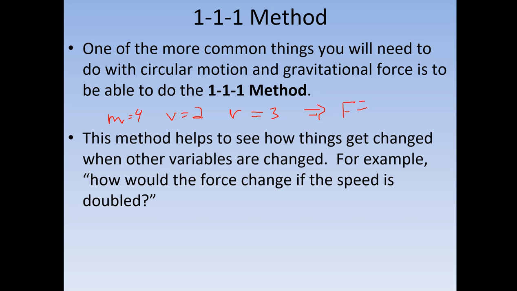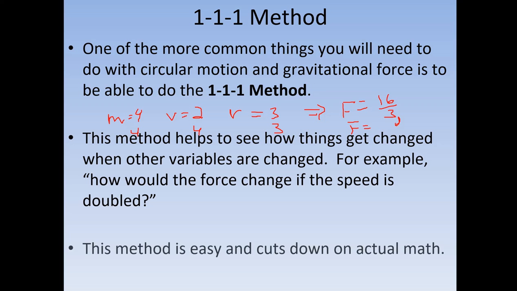I think in this case it would be something like 16 thirds. And then you would redo the calculations, doubling your velocity, and then seeing what you get for your new force, and then comparing these two answers. Now that's a lot of work for a very basic and straightforward multiple choice question. So the 1-1 method helps cutting down a significant amount of work.